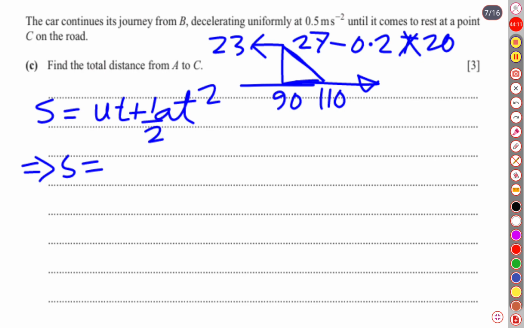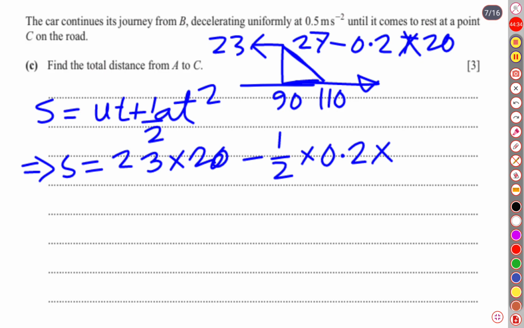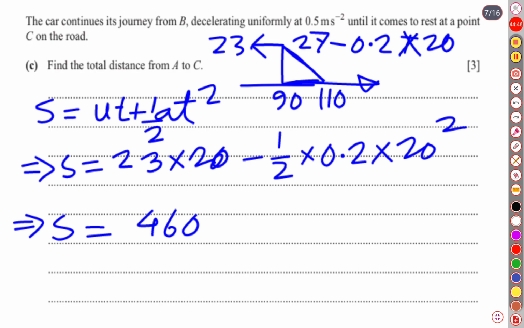So initial velocity is 23, we have already found, and time is from 90 until 110, it is 20 plus, it is not plus, look at this, it was decelerating, moving downward, so negative, half, acceleration was 0.2, and t already we have found it is 20 square. Hence our s is going to be 460, and here 200.